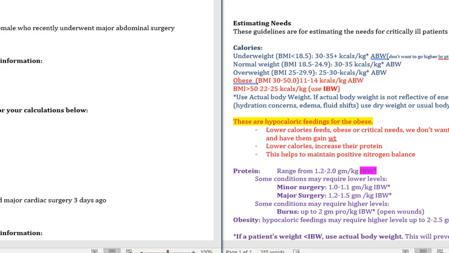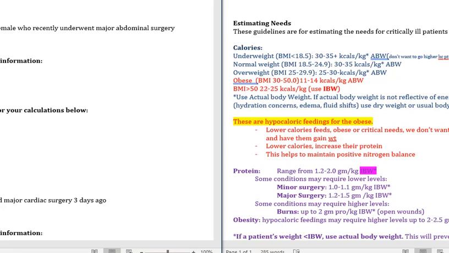BMI is pounds times 703 over inches squared. So 198 times 703 over 62 squared. 36.